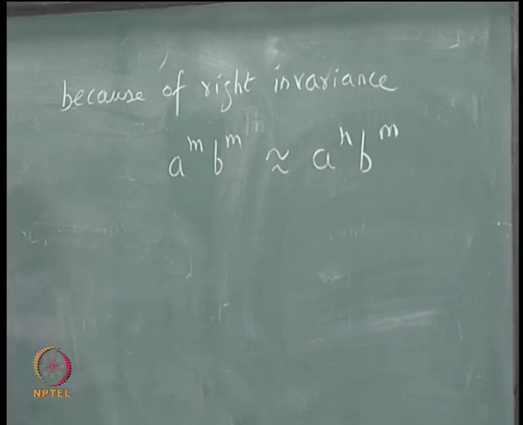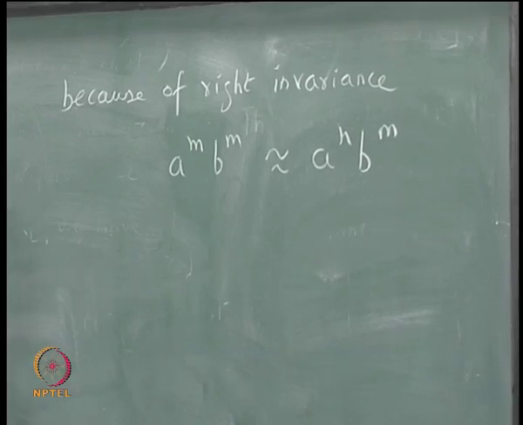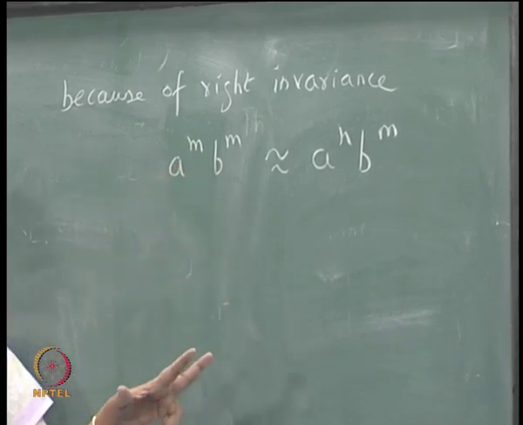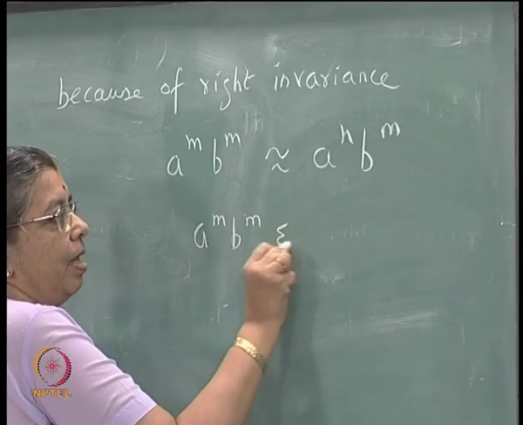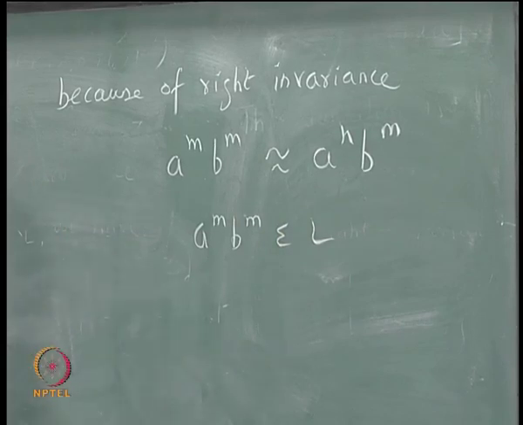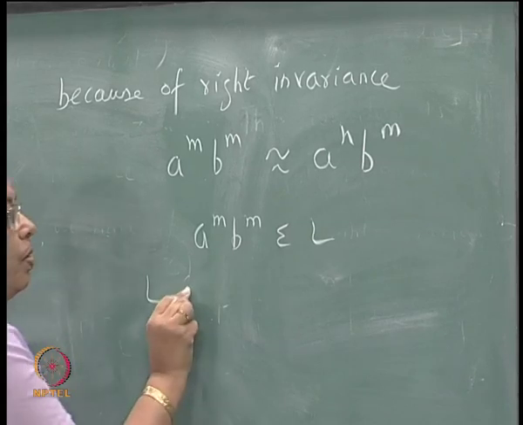Now, L will contain one equivalence class completely or it will not contain that equivalence class. a power m b power m belongs to L, right. But L should contain that whole equivalence class.